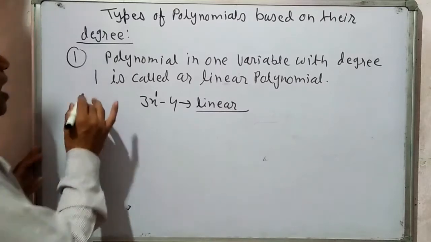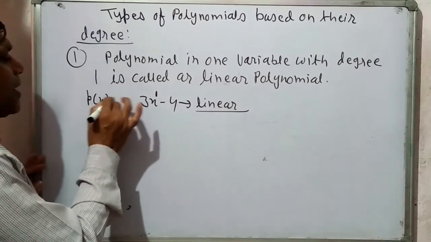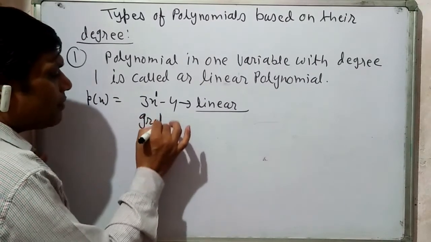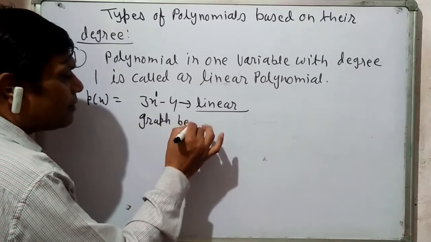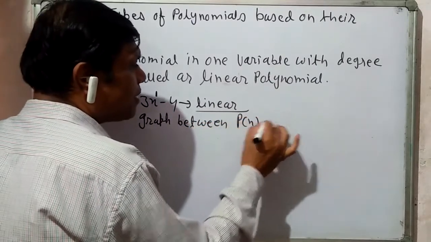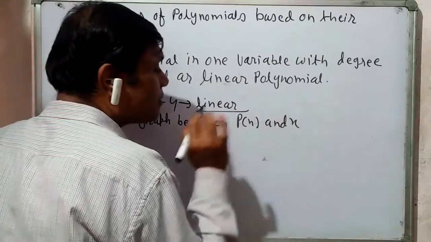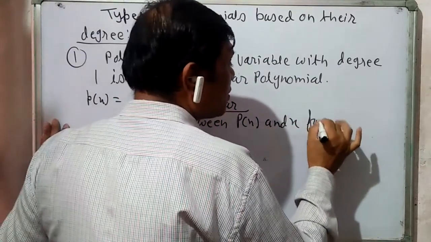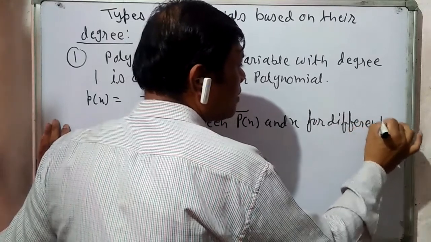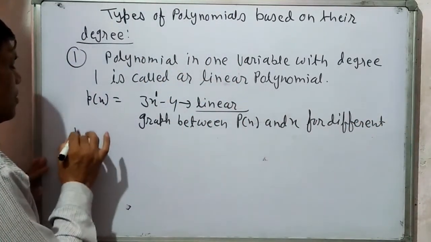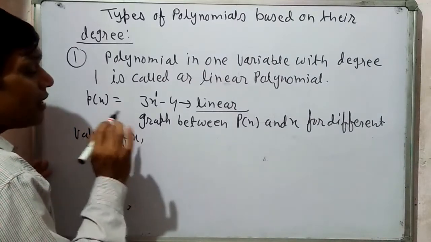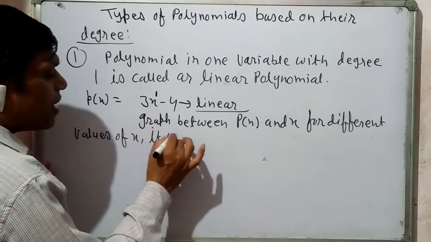Suppose I take this as p(x) and I draw a graph between p(x) and x for different values of x, it will be a straight line.